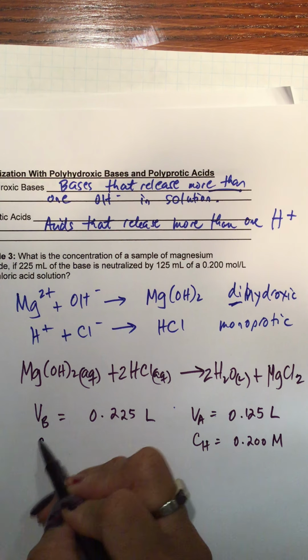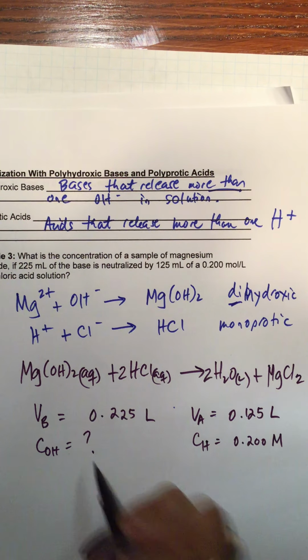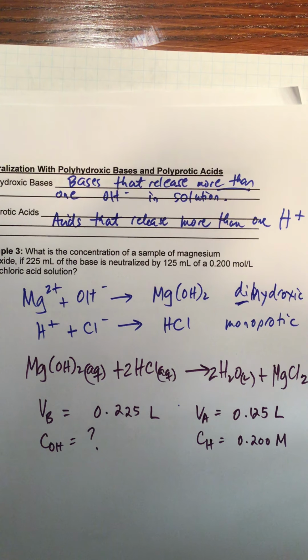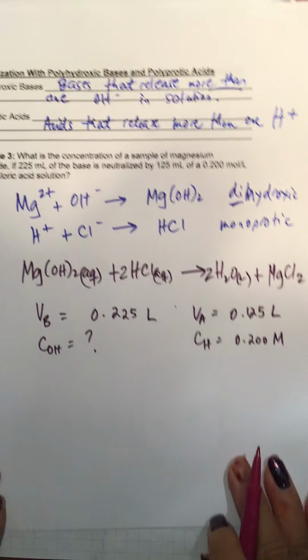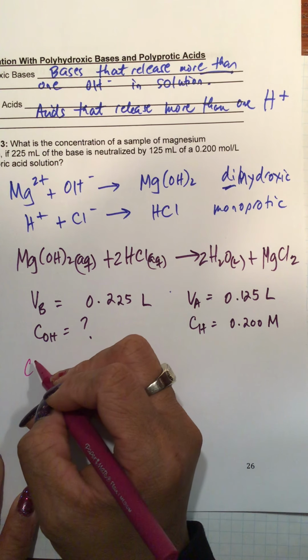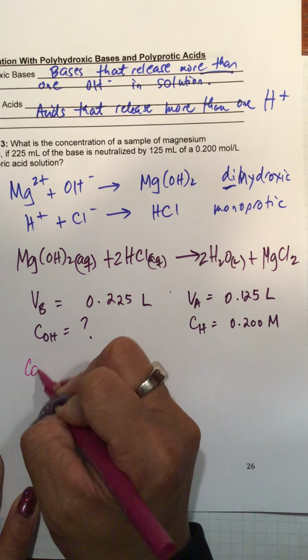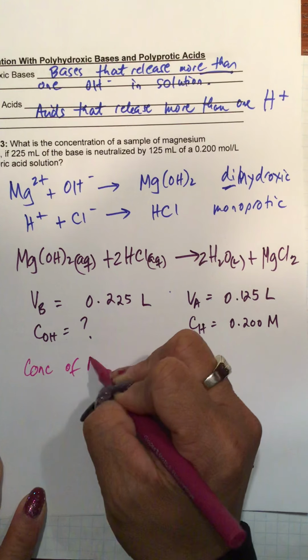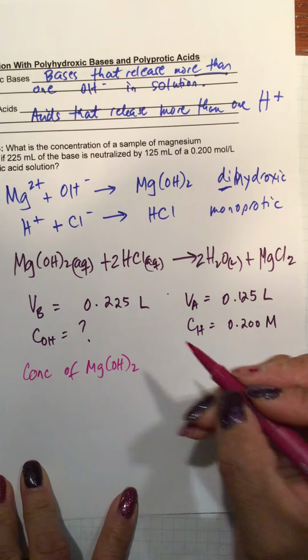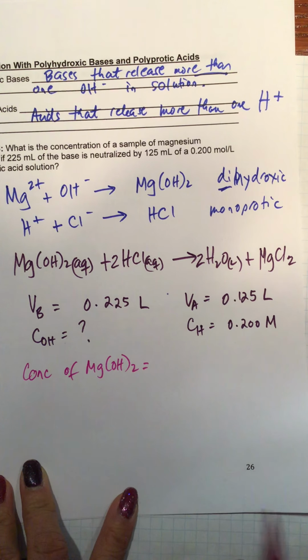We are looking for the concentration of the hydroxide, which is the magnesium hydroxide. So to find the concentration of the magnesium hydroxide, I'm going to show you the work here.